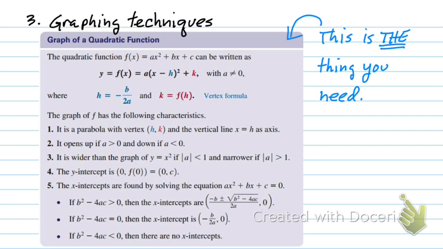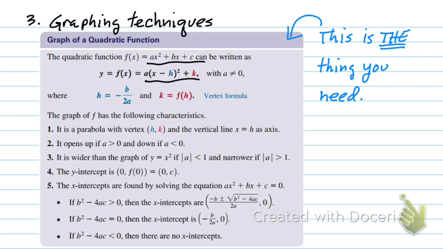First thing, we're starting off with the standard form of a quadratic: ax squared plus bx plus c. That's the standard form. Remember, b and c could be 0, but a can't be 0 because it wouldn't be quadratic anymore. I want to change it to this form right here.